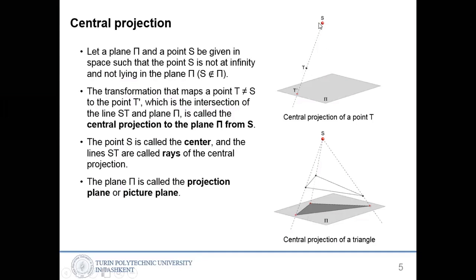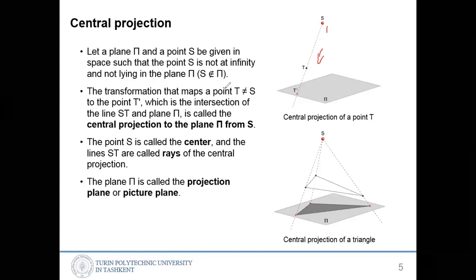We are looking from point S to the T side, and then this point T will be projected on the plane P. The plane P and point S are given in the space, such that S is not at infinity and not lying in the plane P. So S is lying somewhere else, outside of P.